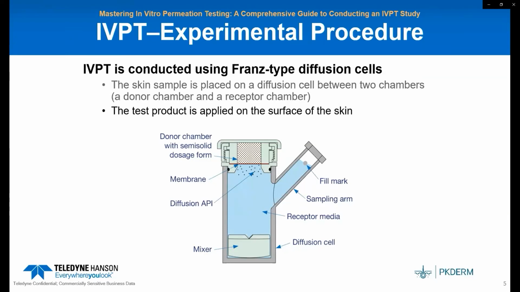The donor chamber contains the drug formulation to be tested, and the receptor chamber contains a suitable medium to simulate the biological environment. The skin sample is placed between the donor and the receptor chamber.